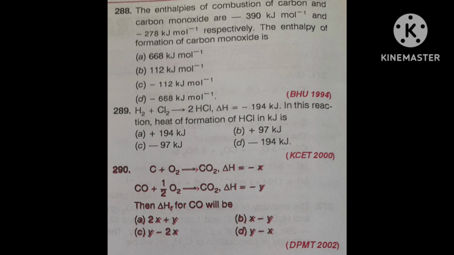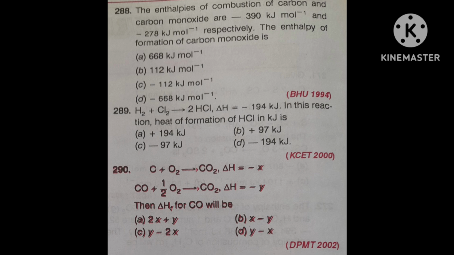Again I am repeating the question. C plus O2 gives CO2 and delta H is equal to minus x. Second reaction CO plus half O2 gives CO2 and delta H is equal to minus y.